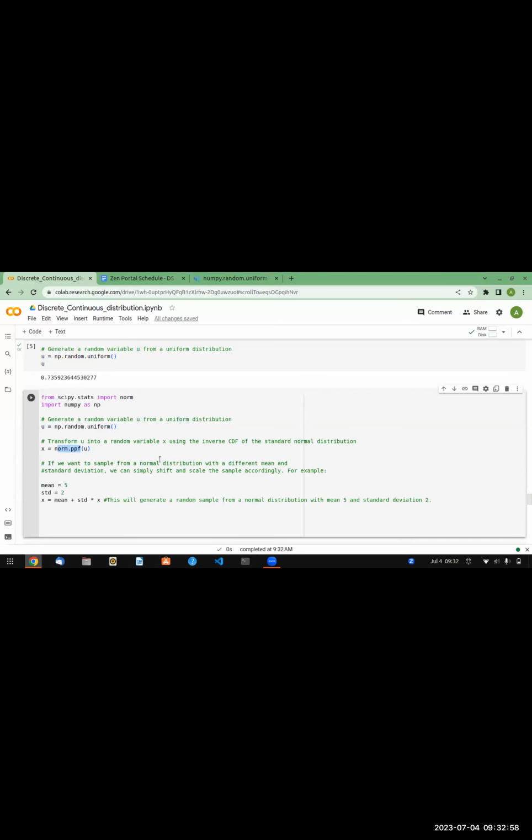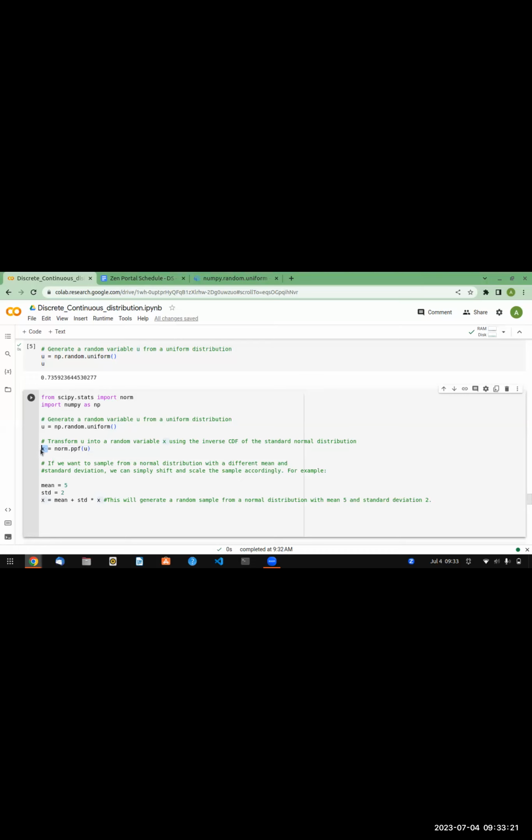If you want to understand more, I'm not going into it because it will consume some time. Whatever number I generate from the uniform distribution, I pass inside the inverse of CDF of the normal distribution. Whatever I get as a result, this X is my sample data.